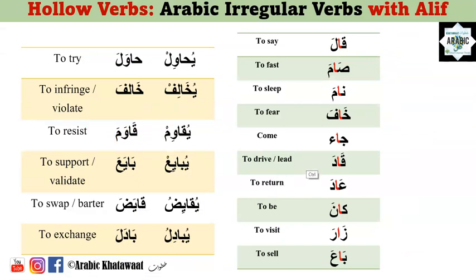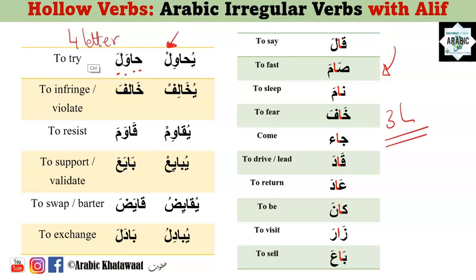Before we go to the second category, I'd like you to review these verbs. These are the irregular verbs we introduced in the video with alif. As you can see, qala, sama, nama, khafa, ja'a. We said that these have 3 letters, and I am reintroducing a new set with verbs that have more than 3 letters. As you can see here, hawala, to try, it has 4 letters.